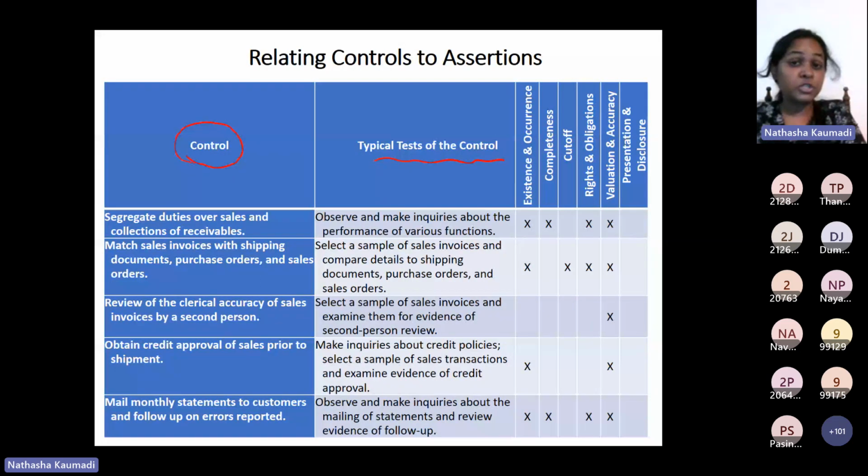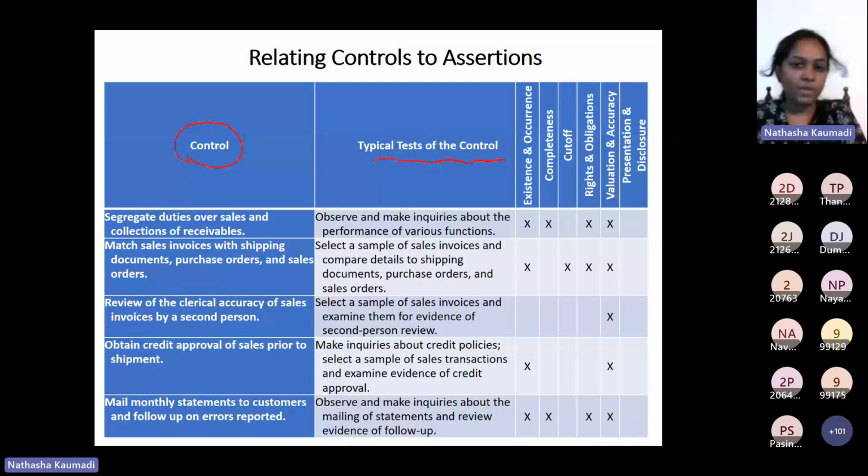Test of control is you are testing whether that control is there. How are you going to do the test of control? You are checking for evidence for that control. Test of control means you are checking whether all these invoices have been authorized for the relevant credit limit.